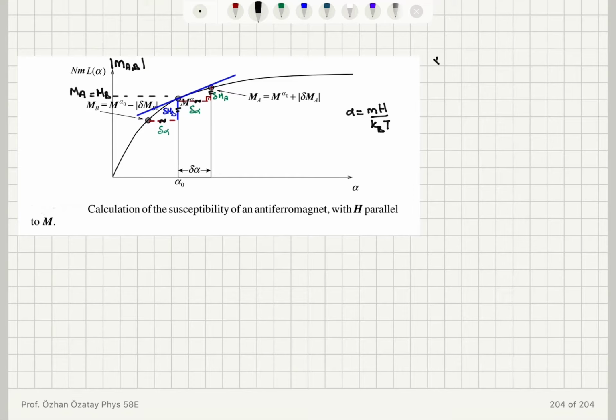So for simplicity, let's assume that the applied field produces equal changes in the two sublattices.